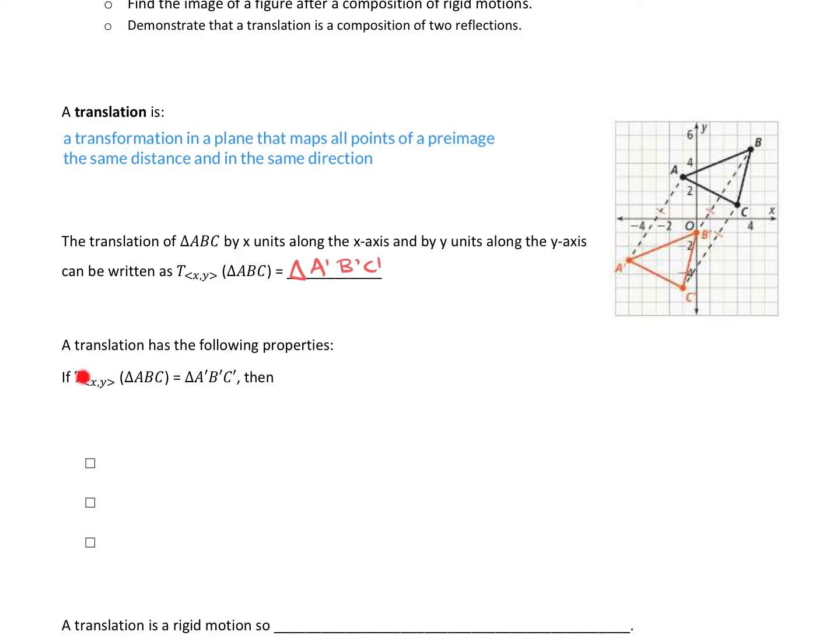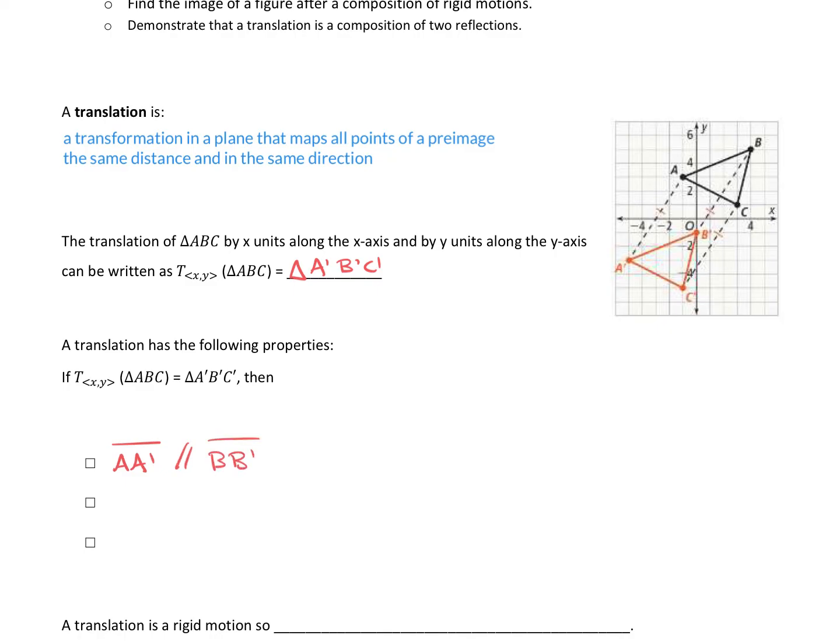Okay, a translation has the following properties. If we are translating triangle ABC by X, Y units, and we end up with triangle A prime, B prime, C prime, like in this example where triangle ABC is our preimage and we have translated it to land at A prime, B prime, C prime, we have the following properties. Segment AA prime is parallel to segment BB prime.